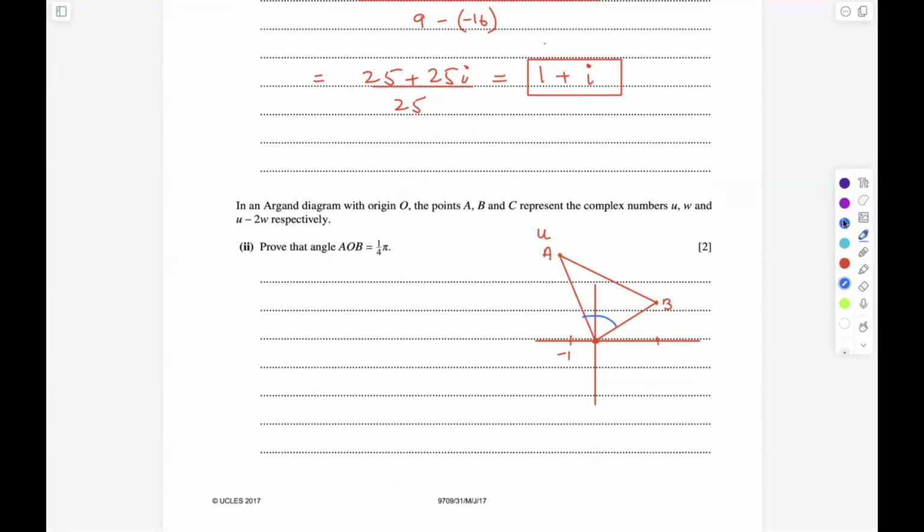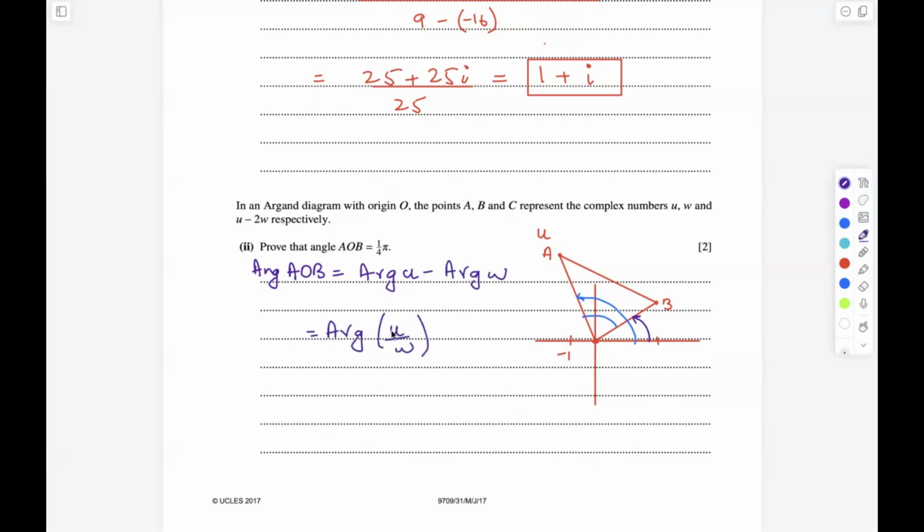Now, to find this angle, we'll have to find the argument of the complex number u, and then subtract from it the argument of the complex number w. So we can first write that angle AOB will be equal to the argument of u minus the argument of w, which can be written as the argument of u/w.